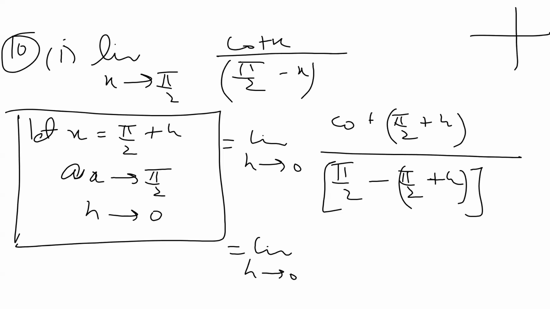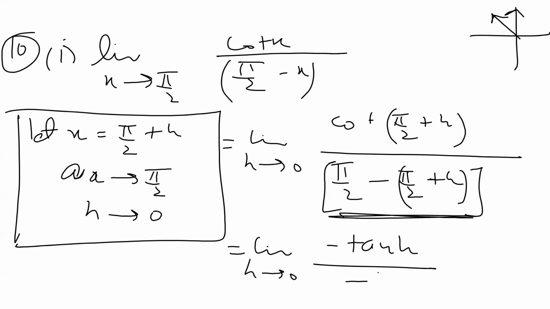Cot(pi by 2 plus theta) is minus tan theta, because cot in the second quadrant is negative. So minus tan h, and this also will be minus h. Minus minus gone, tan h upon h is 1. So that was your question number 10 sub question 1.